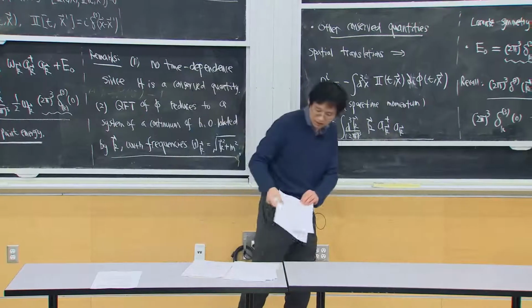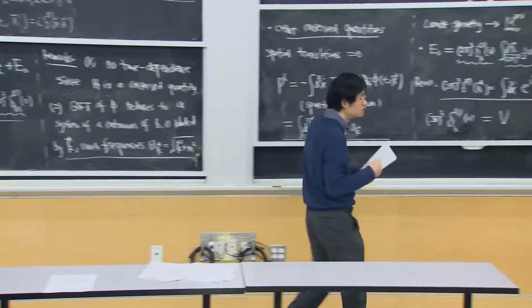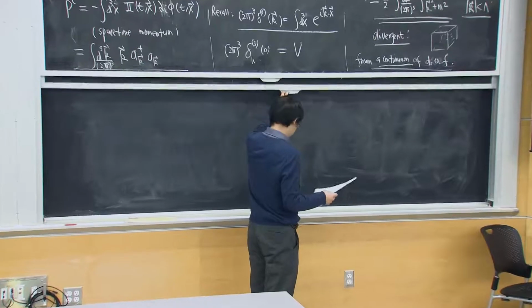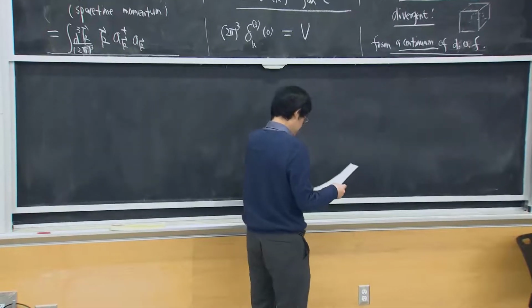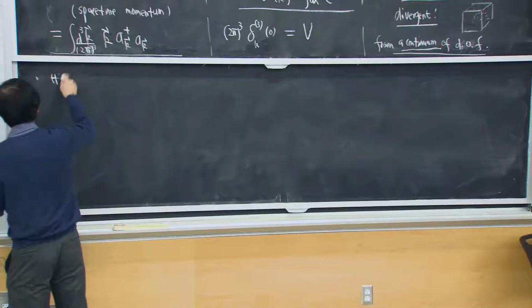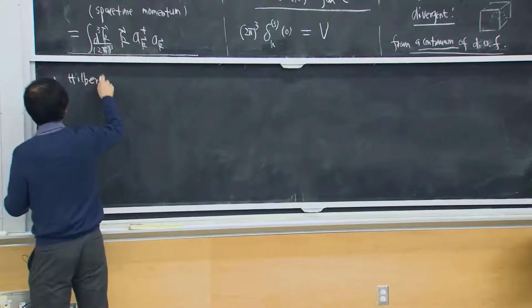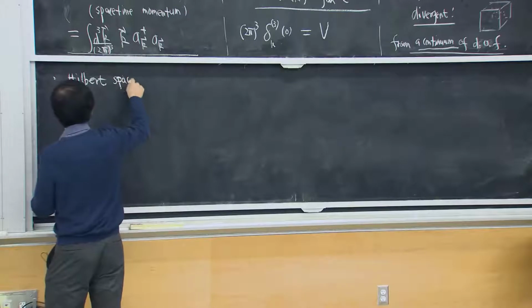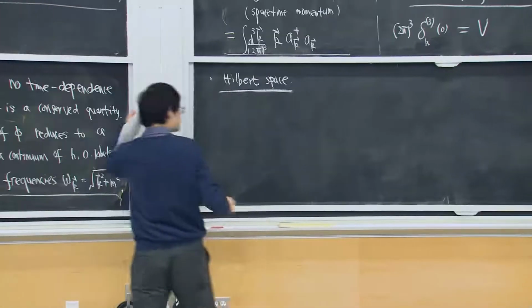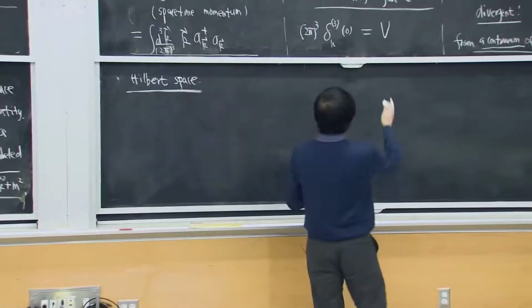Okay, now we can talk about Hilbert space. As for a harmonic oscillator, we can first define the vacuum state.